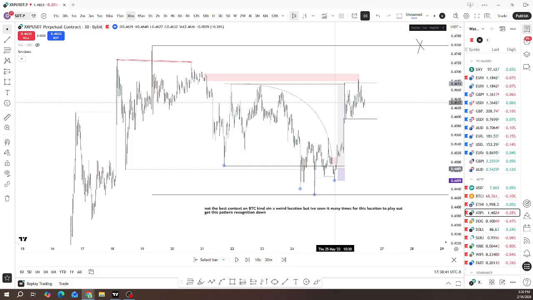I'll say semi-pro, but coming down aggressively and not sweeping an optimal POI, but still in some sort of POI with local pivot formation.